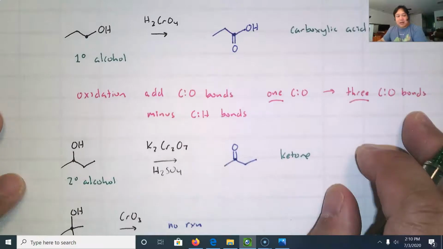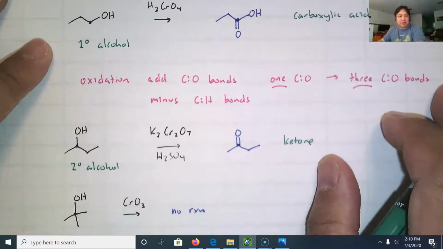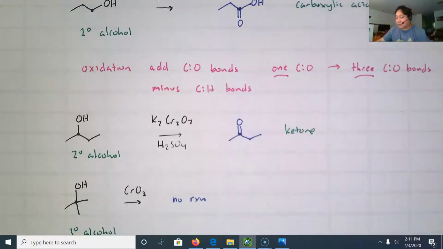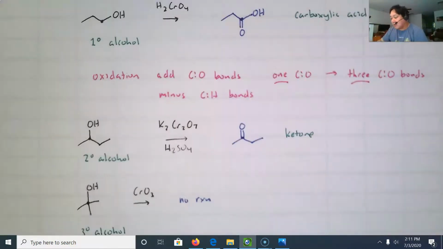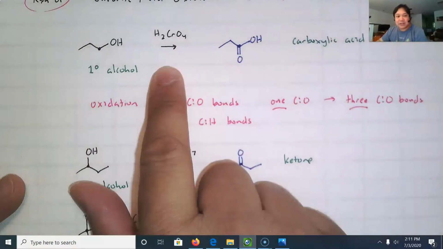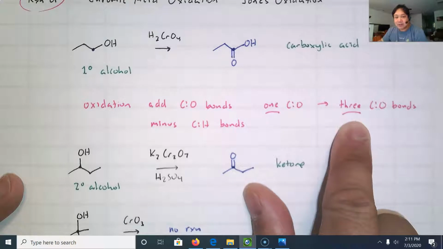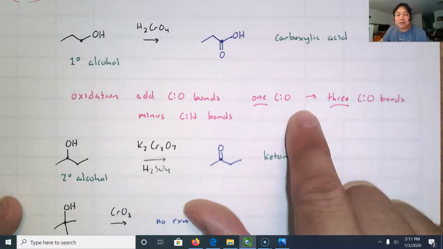So if we could get this onto one screen, hopefully, primary, secondary, and at the bottom, tertiary, and those are your products. I do want to mention that if we take a look at this oxidation here, where we go from 1 bond to 3 bonds, carbon-oxygen bonds, we skipped over the 2.